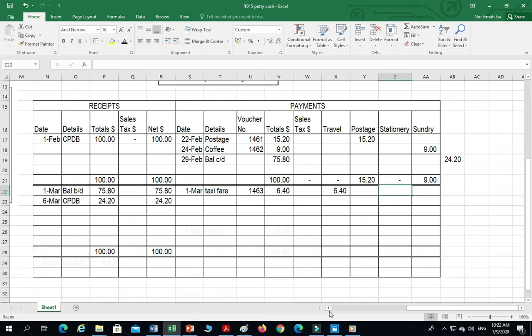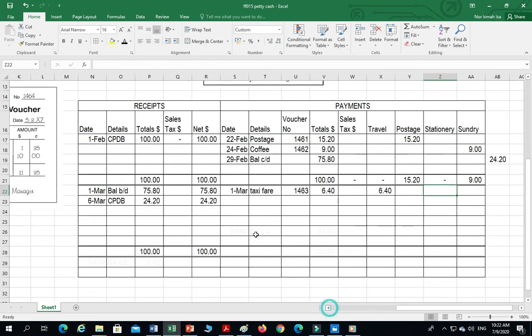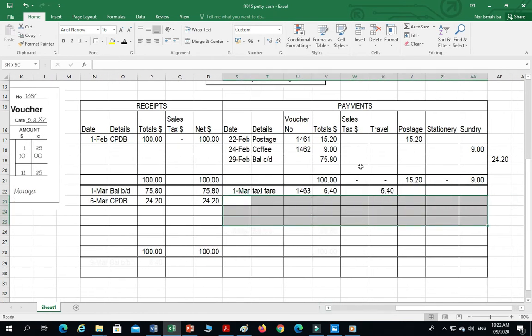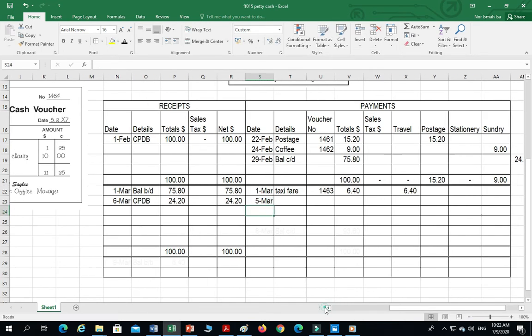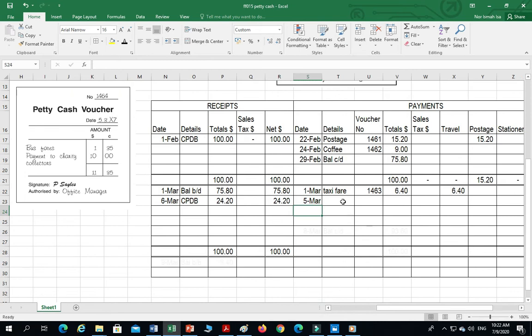So the next voucher is on 5th March. This is payment for, we have two here, just put it as bus fare, which has a total amount of 11.35, and the voucher is 1464.